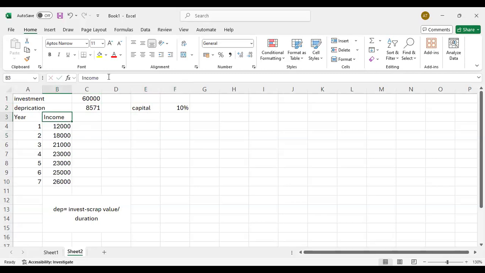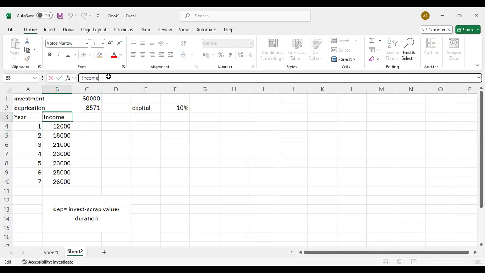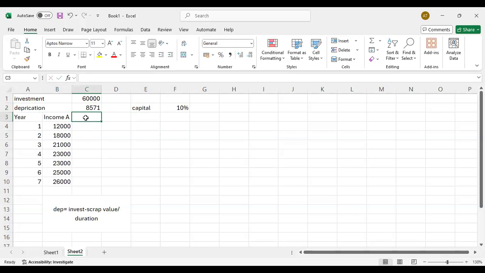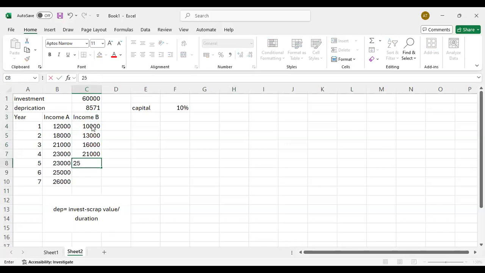For our convenience, I'll take income from A, and I'll take other income from B. So let's take it as 10,000, 13,000, 16,000, 21,000, 55,000, 30,000, and 34,000.